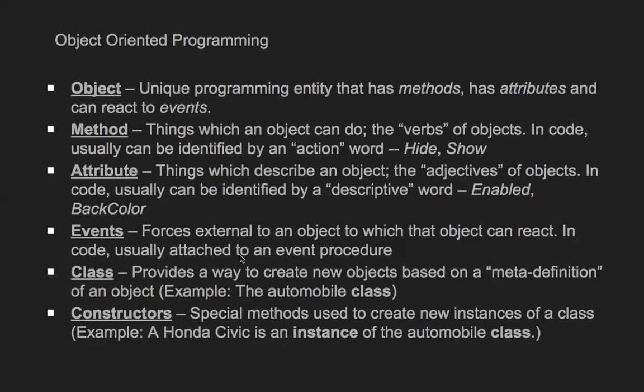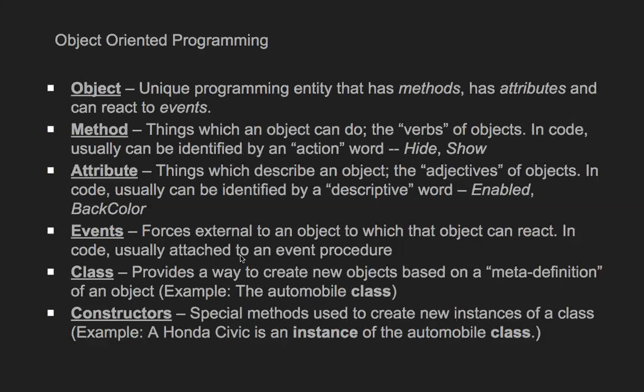Whenever we put the key into the keyhole and turn it on, the reaction is it will ignite the engine and it will start. That is the reaction to the event of turning on the key. And if we turn the key to off, the engine will turn off and the car will stop. So whenever we think of any object, these three make an entity: methods, attributes, and reactions to the events.